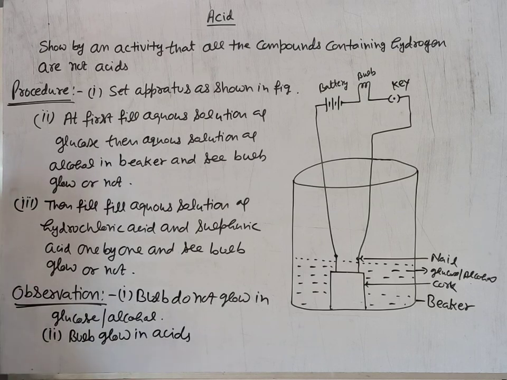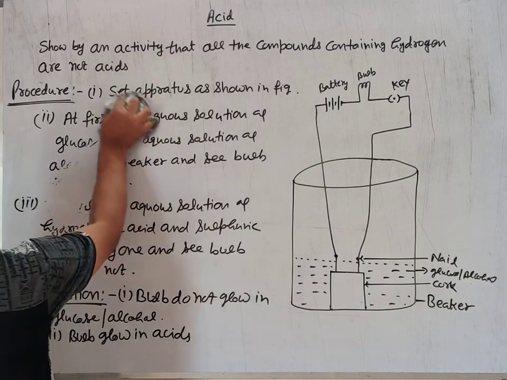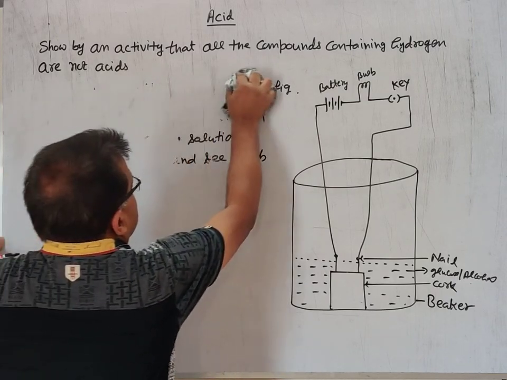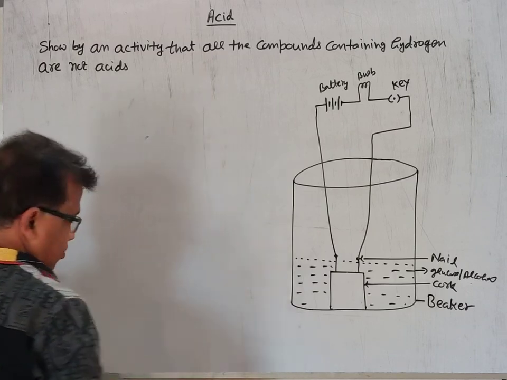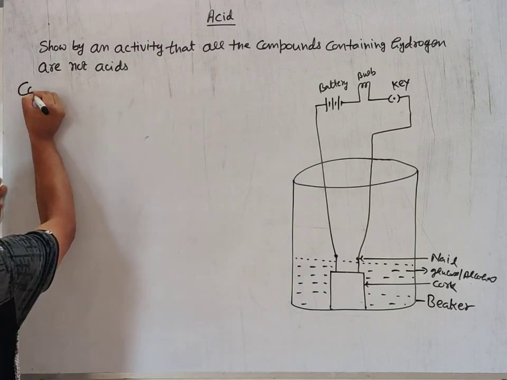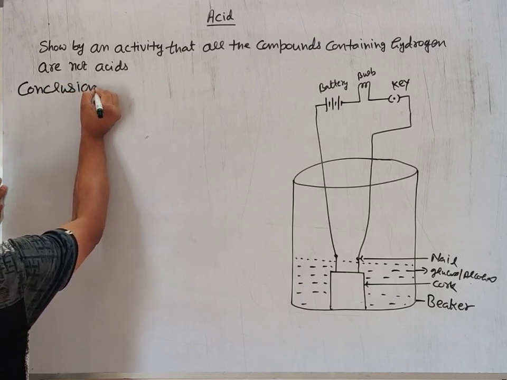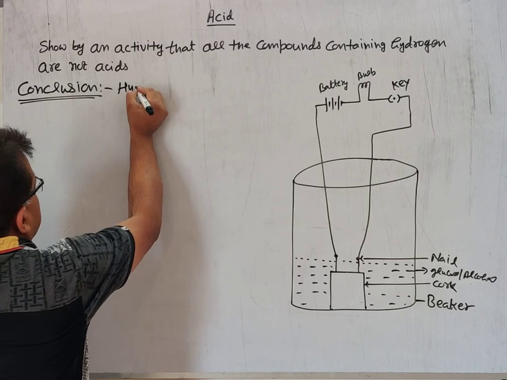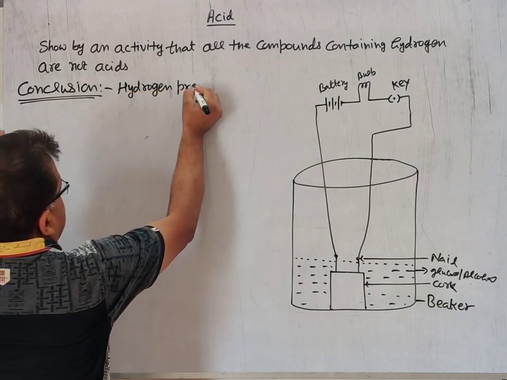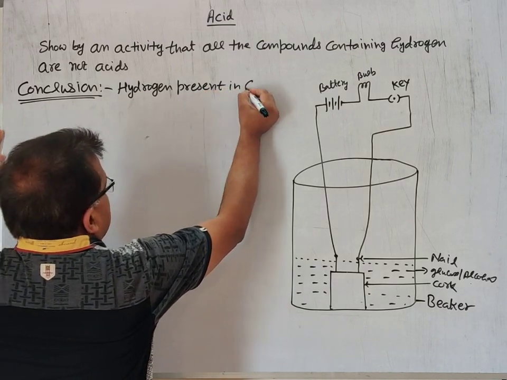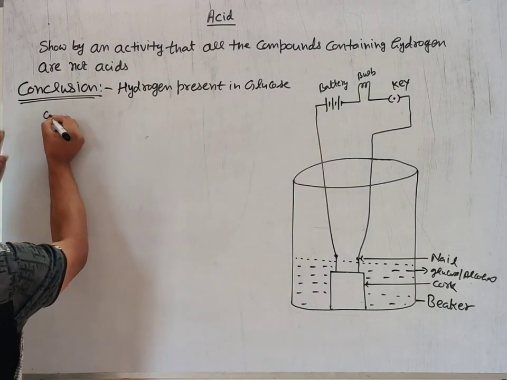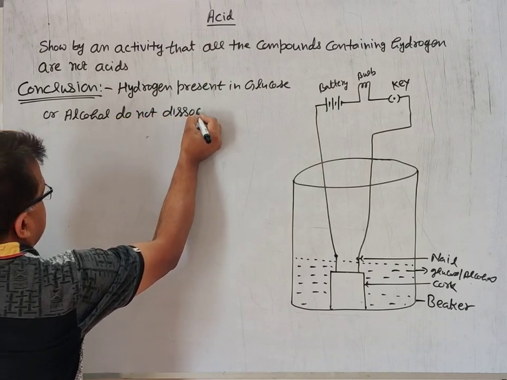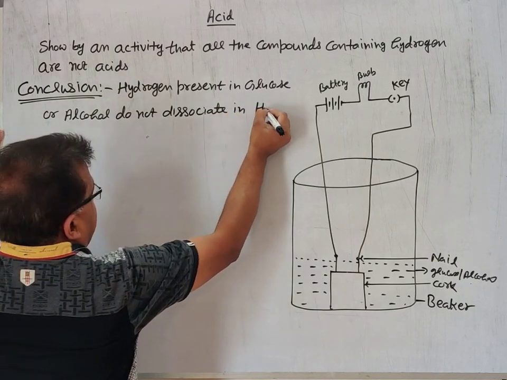So now what is its conclusion? Conclusion is that hydrogen present in glucose or alcohol does not dissociate into hydrogen ion in aqueous solution.